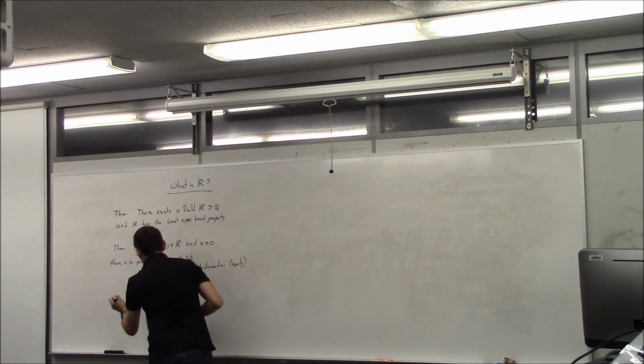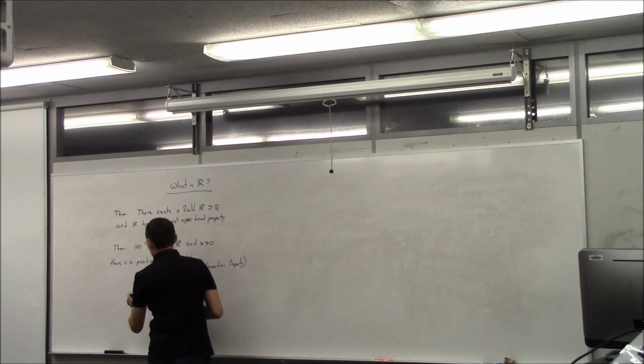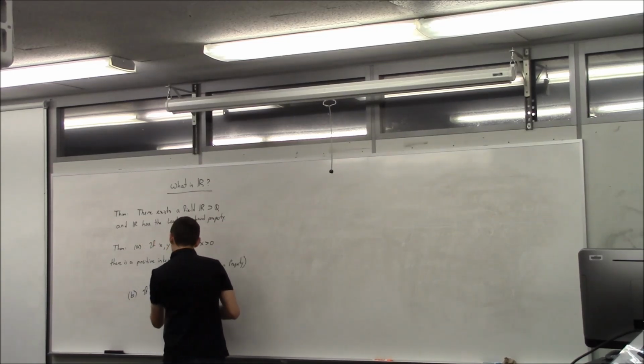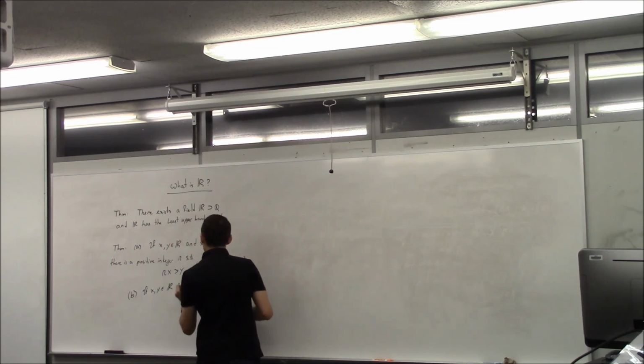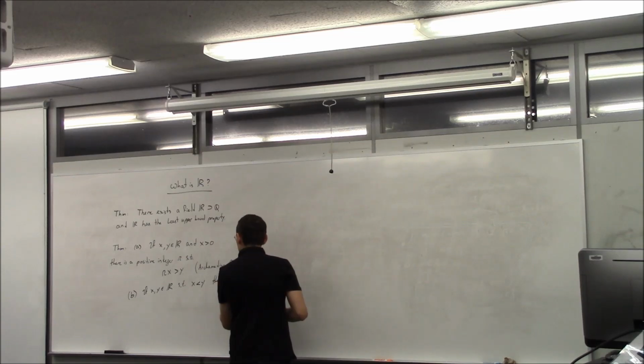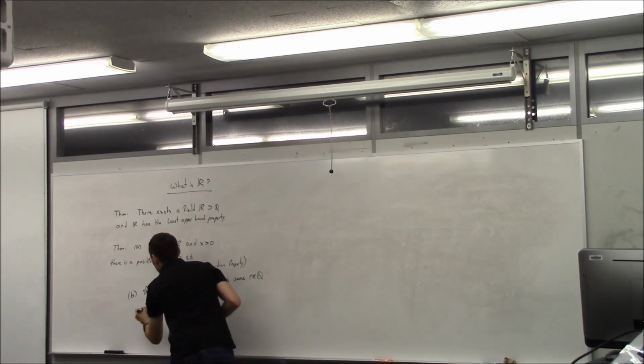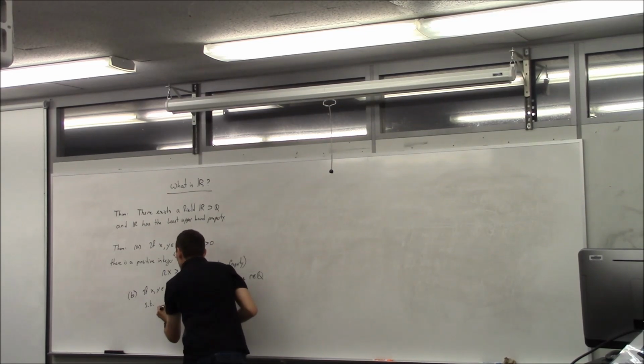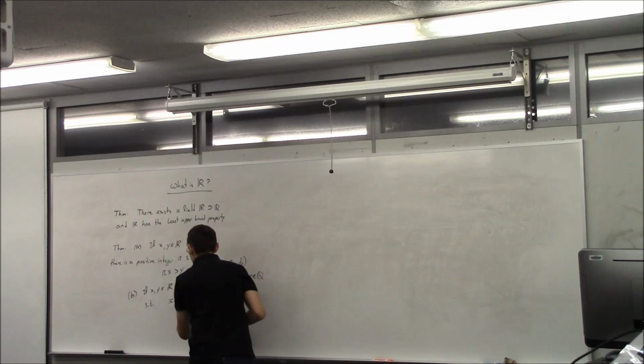Actually, there is also a second condition that's going to be very important for us. If x and y belong to R, such that x is smaller than y, there is some r belonging to Q. There is a rational number such that x is less than r and r is less than y.